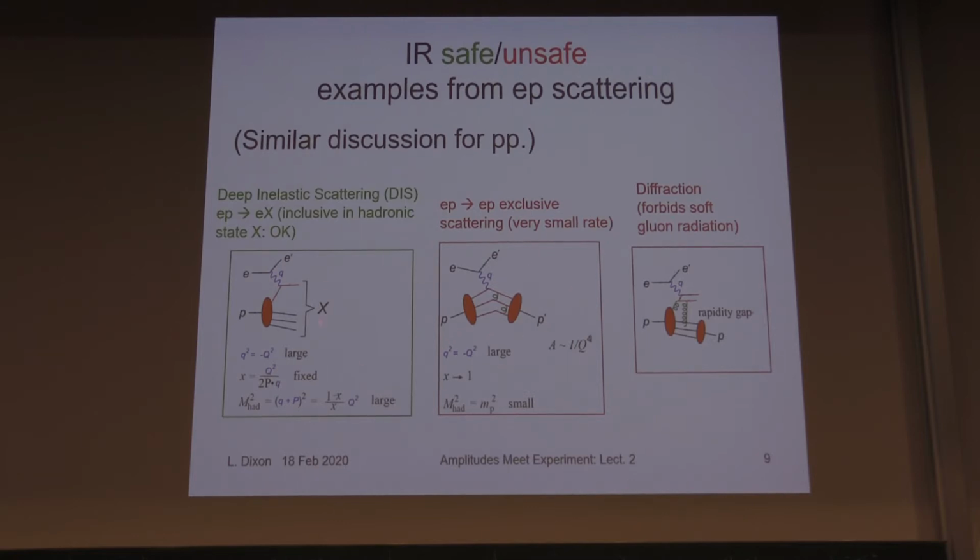You need to use light cone wave functions for the three valence quarks to try to describe this. Now, this is a very rare event compared to the total deep inelastic scattering when you take Q to be very large. But it's an example of something you can't describe in the parton model.